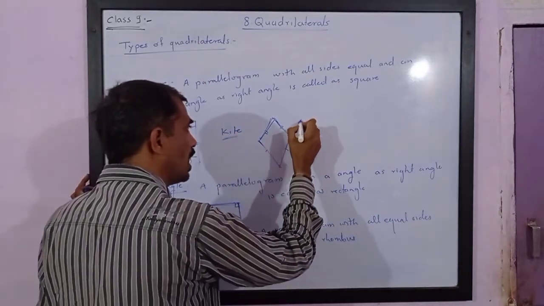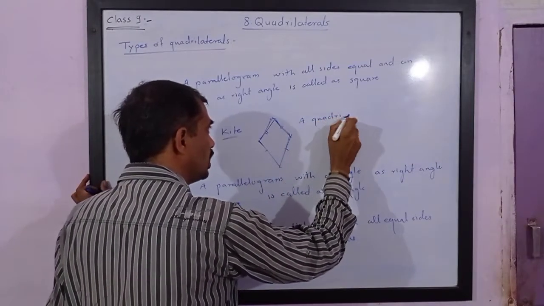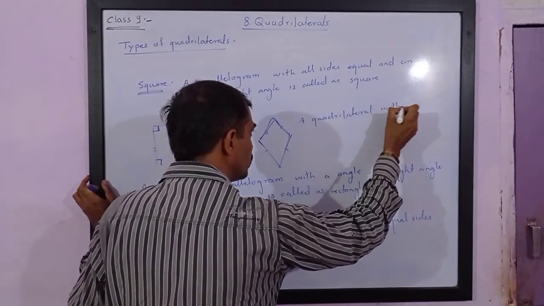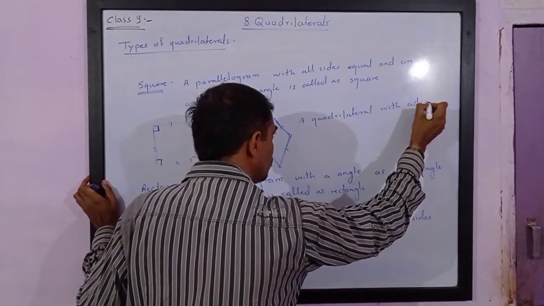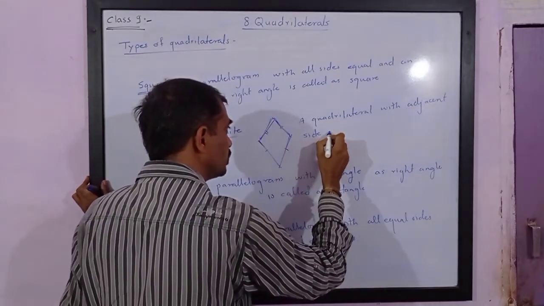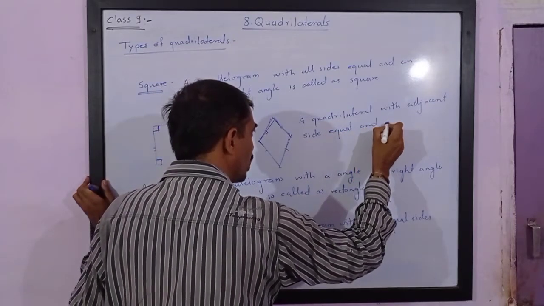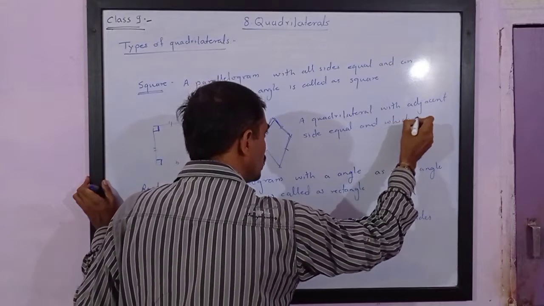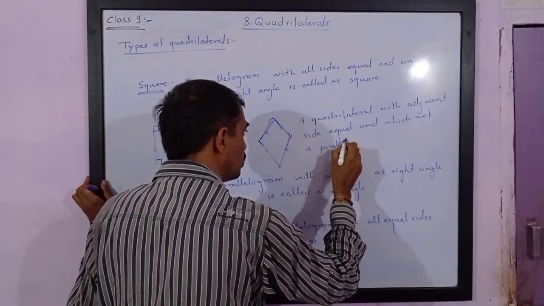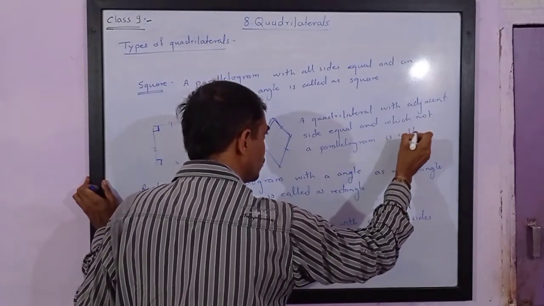So a quadrilateral with adjacent sides equal and which is not a parallelogram is called kite.